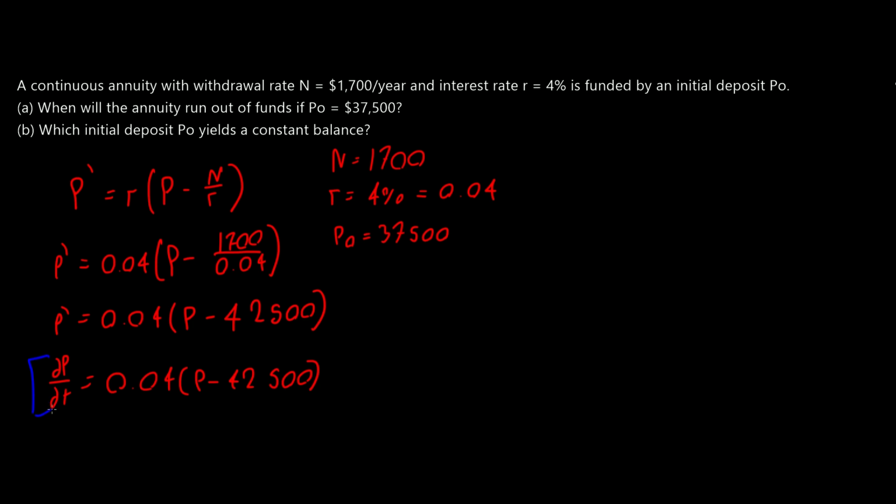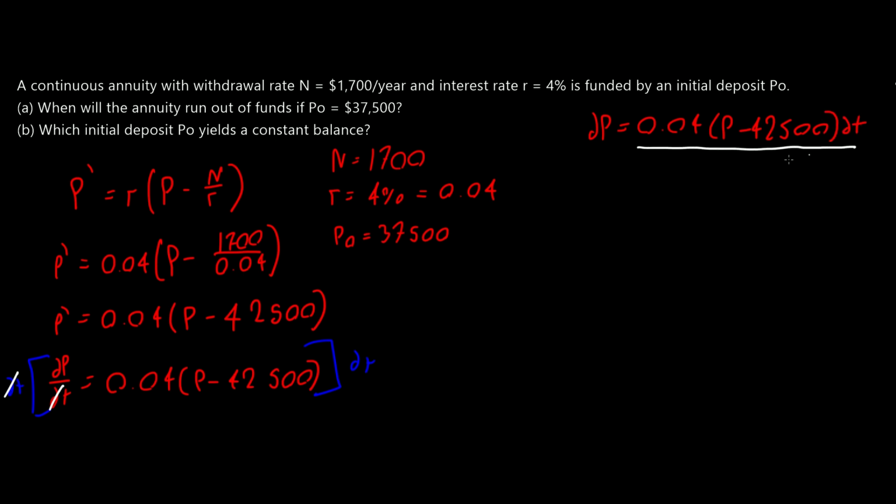So we can begin by multiplying both sides by dt, as we have so many times already. So this will cancel with this dt. And then I'm going to move it over here. So we're going to have dp equaling 0.04 multiplied by p minus 42,500 multiplied by dt.